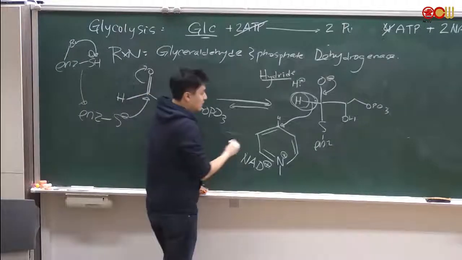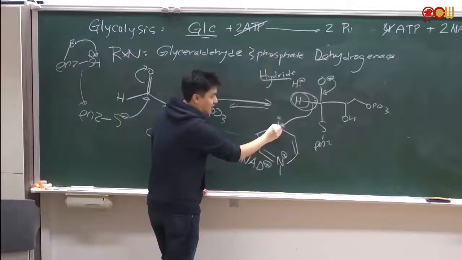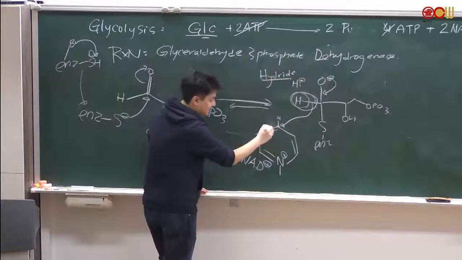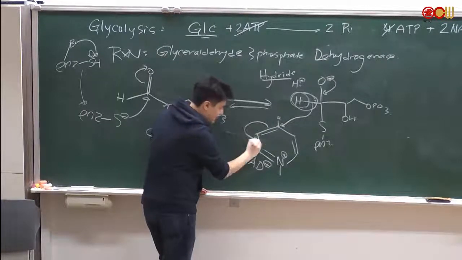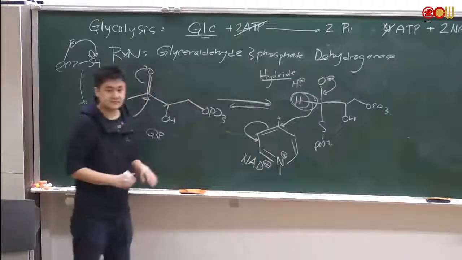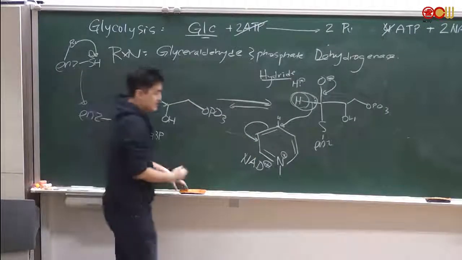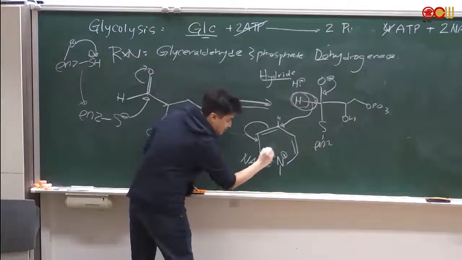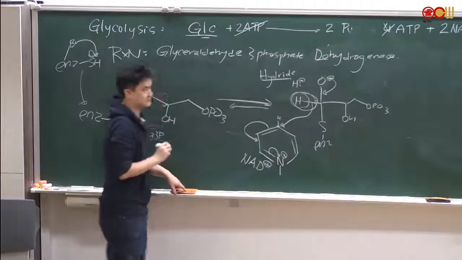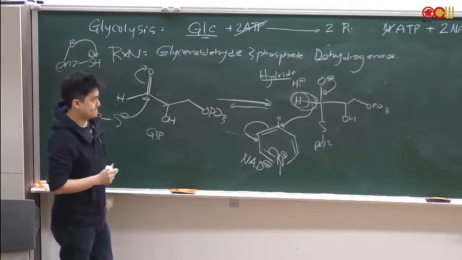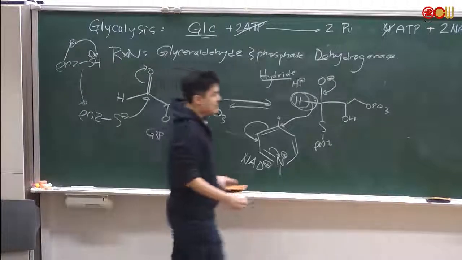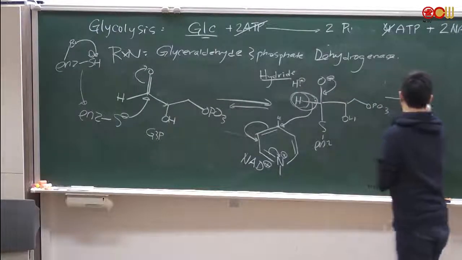Now, if you form a new bond with this carbon, it would have too many bonds, so the carbon's electrons pop over here, and this electron is going to pop onto the nitrogen.